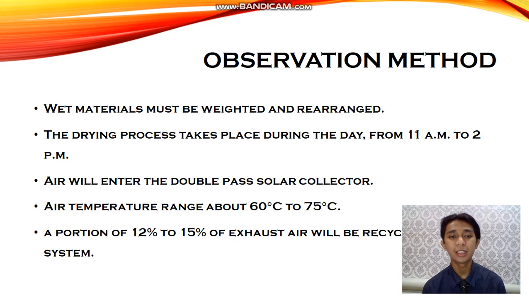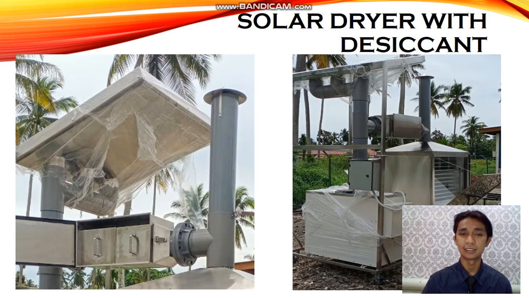Air will enter the solar collector and double pass it, and the air ranges about 60 to 75 degrees Celsius inside the drying chamber, and a portion of 12 to 15% of exhaust air will be recycled back inside the system.